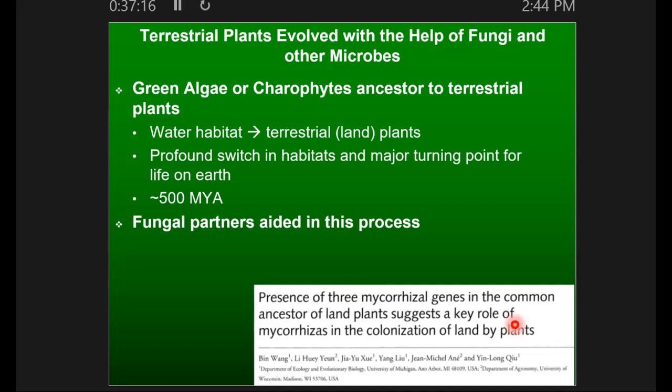By the time you had them splashing on the land, they were already equipped to hang out with fungi. They came preloaded: if I can just get on the land and make it long enough for a fungus to come along and help me, I can do it. But still, can you imagine how many times that failed before it finally happened, where the algae ancestor or the terrestrial ancestor and the fungus got together.